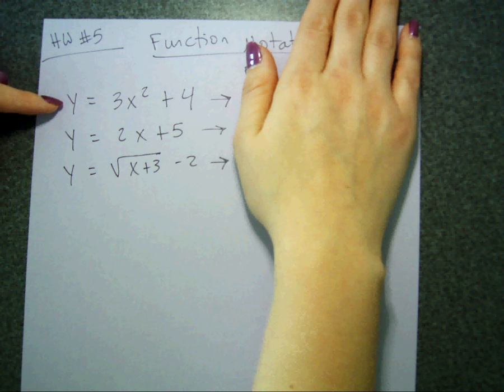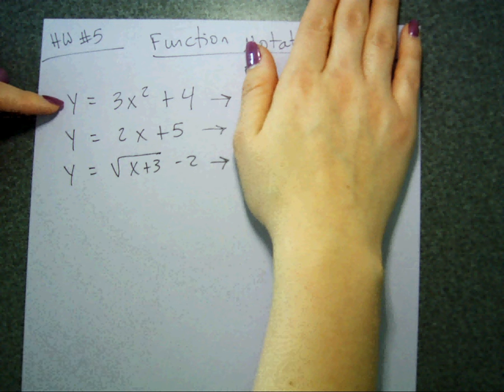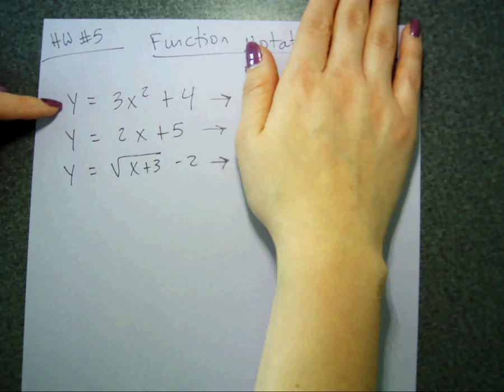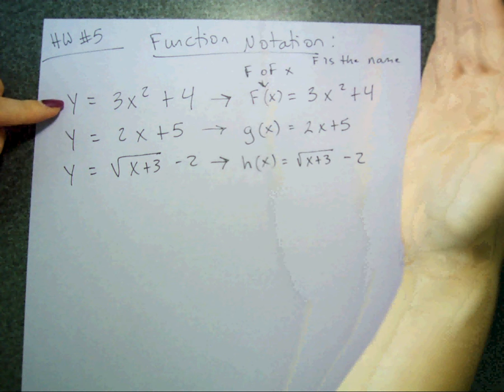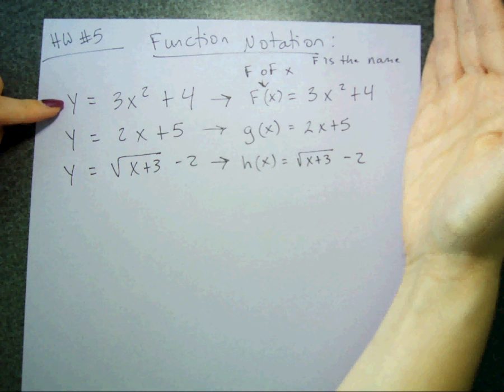I'd have to use words. And in math, I would rather not use words. We're fancy, and I want to use symbols and things like that. So function notation allows me to show that I'm going to evaluate the function in a certain place without actually having to write it all out.